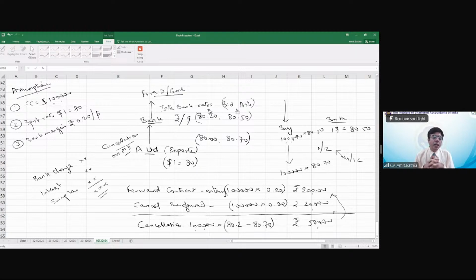Now, when A Limited is essentially not able to deliver, it has to cover that position by way of buying that in spot market and honoring the contract. So it does honor the contract and it will have to pay now. What are the charges? What kind of charges may A Limited be expected to pay?